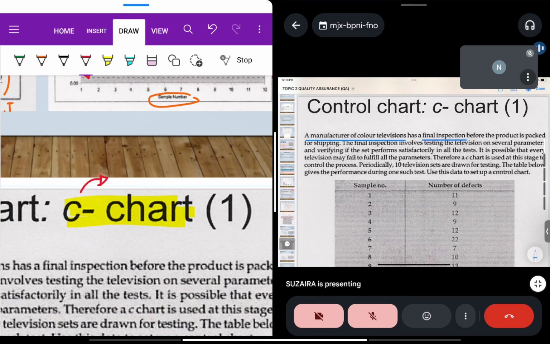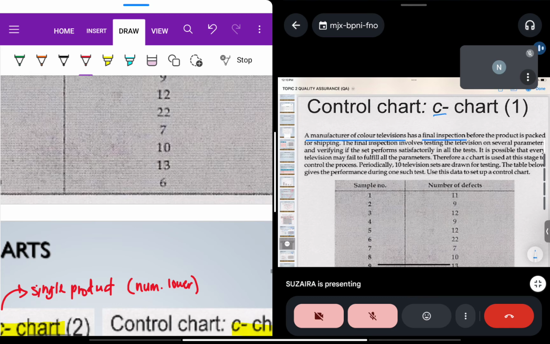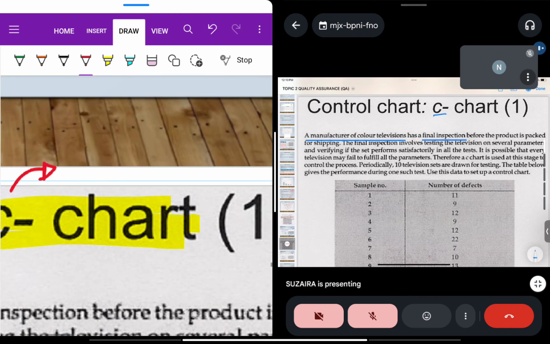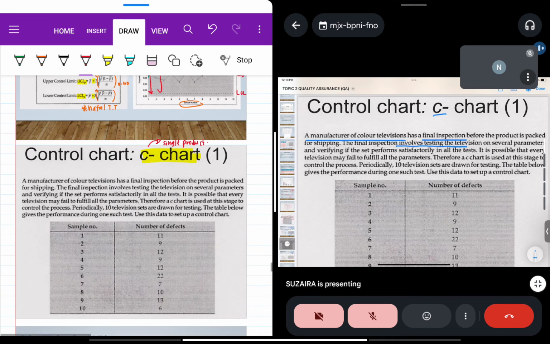Remember, for a control chart or P chart, it usually involves final inspection and offline inspection before the product is packed for shipping. The final inspection involves testing the television on several parameters, which identifies any kinds of defect on a single product and verifies if the set performs satisfactorily in all the tests.